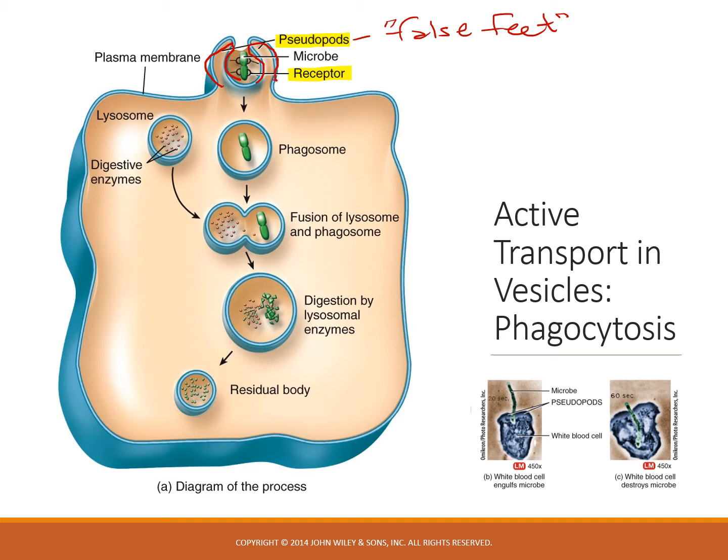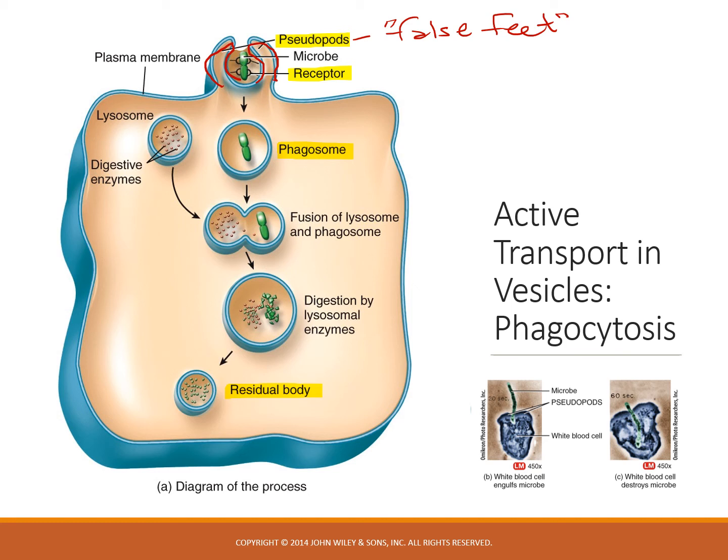In most cases, the undigested materials in the phagosome, so once it creates this little vesicle, it's called a phagosome because it's within a phagocyte. A lot of times these remain indefinitely in a vesicle, and it's called a residual body. So whatever can't be digested or can't be used by the cell is left in a vesicle. That's called a residual body.